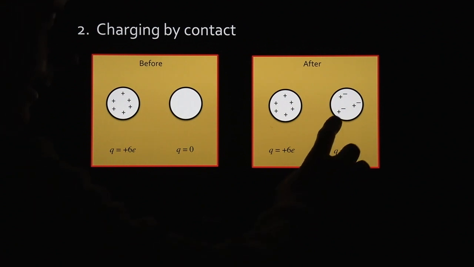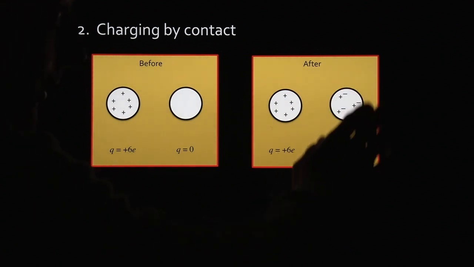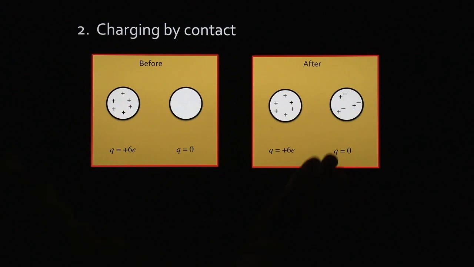That's why it's neutral. See, 3 negatives, 3 positives, charge is 0 here. But when you touch, 3 of those electrons are stripped away and they neutralize 3 protons over here. And so we have 3 plus 3 on each of these.